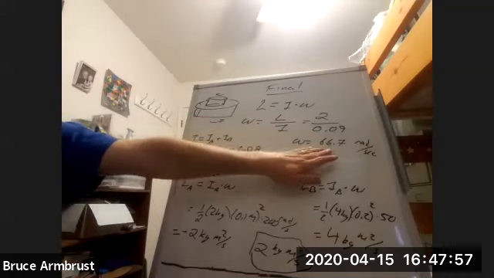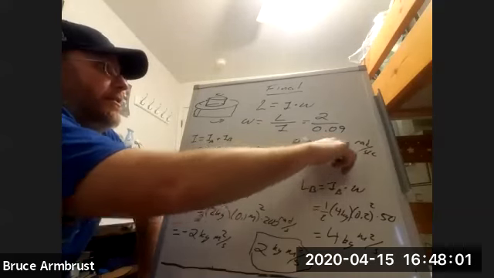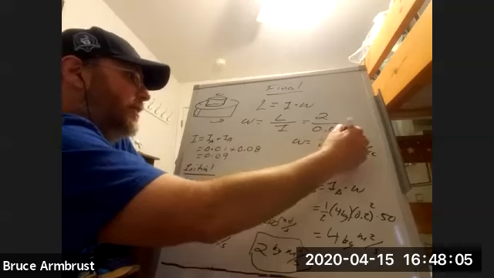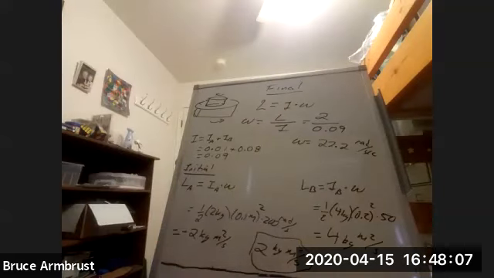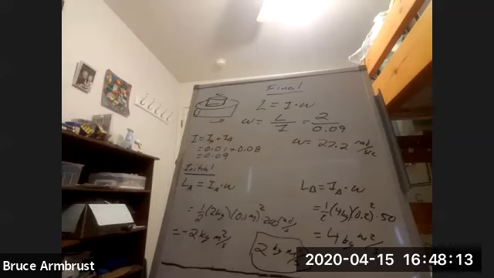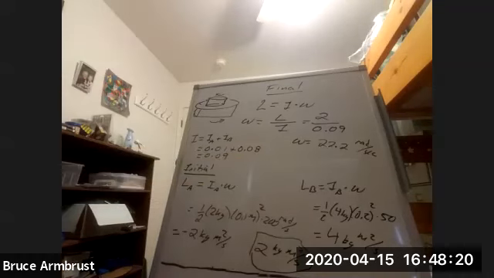So this number then would actually be 22.2 radians per second. So it still would be rotating in the same direction as the bigger wheel. It's just way slower. It's a third of the angular velocity that it had otherwise.